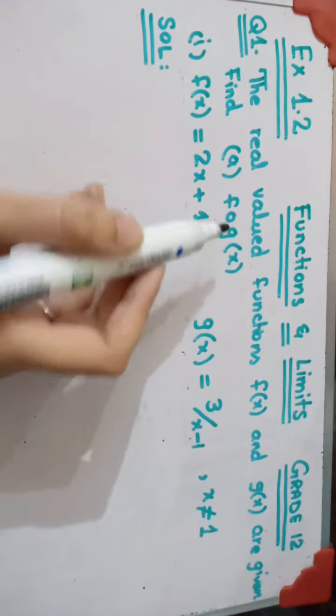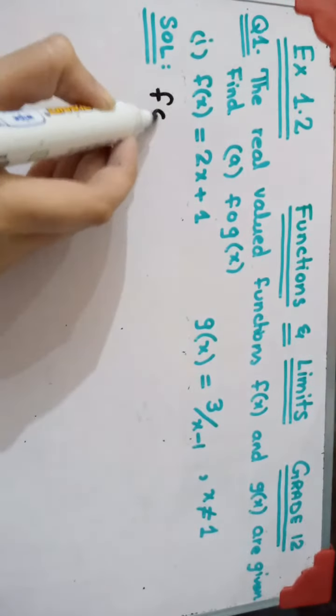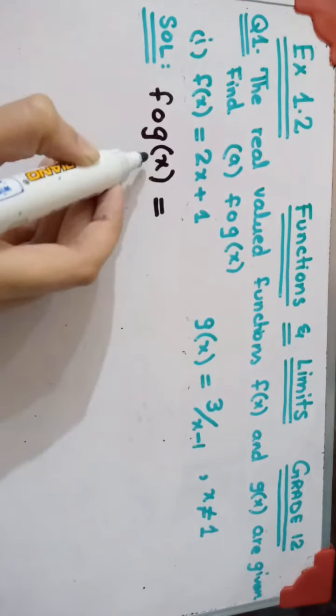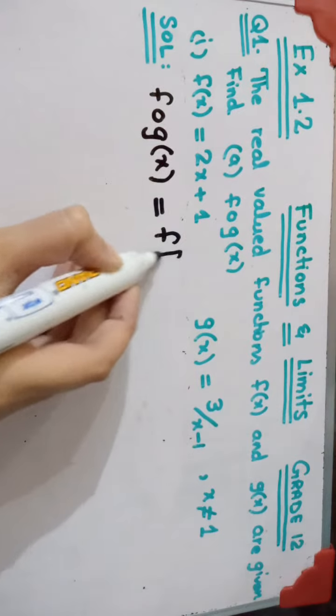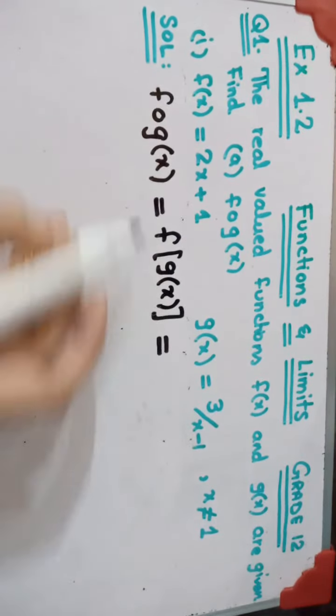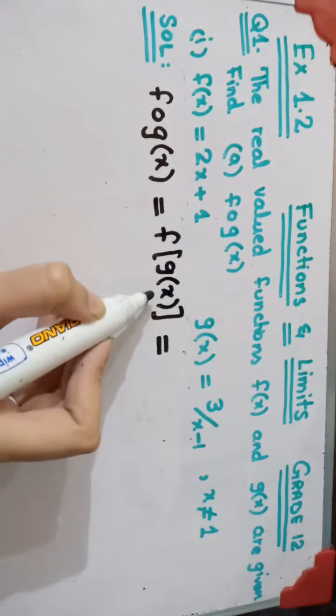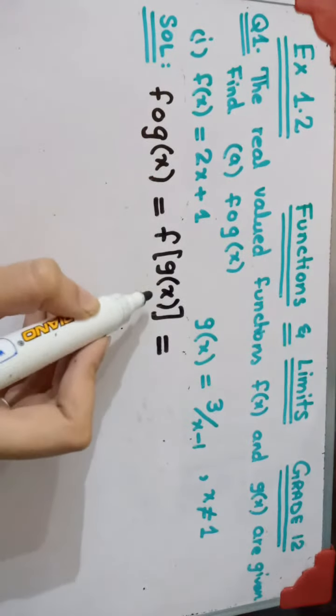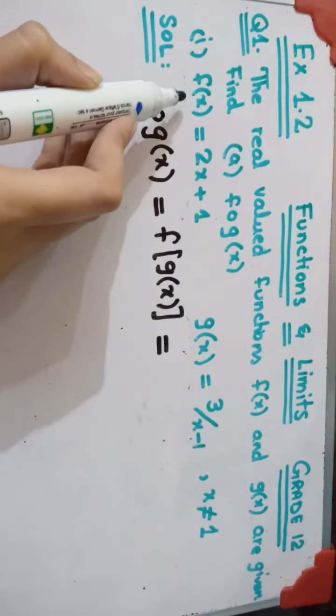F of g means we can also write it as f of gx. As you can see, f of g means we will put the value of g of x in f of x.